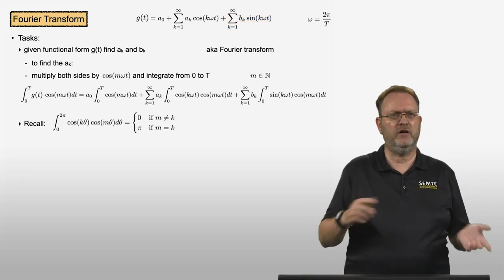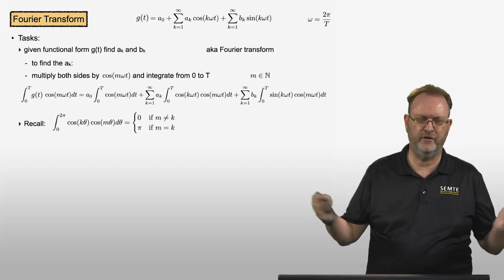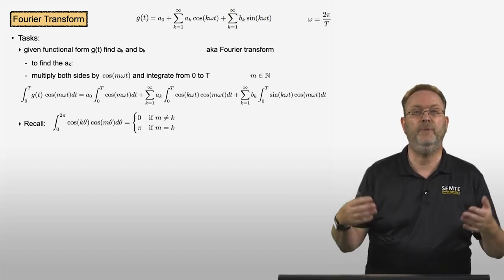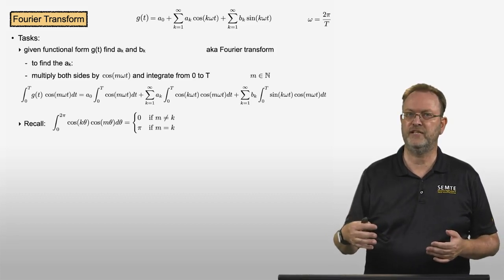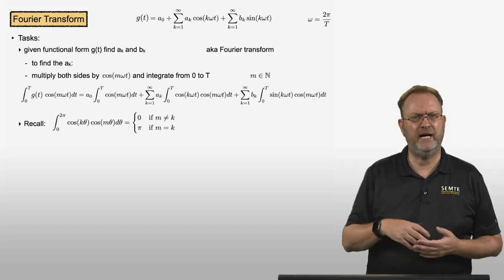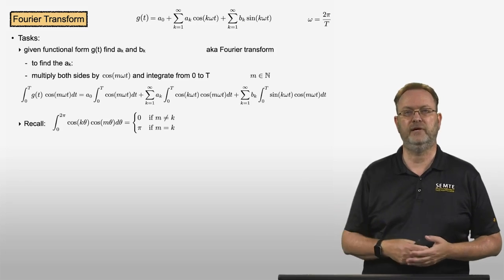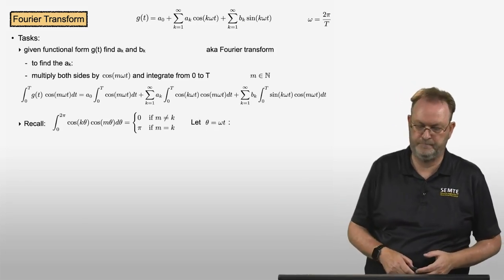Now, let's recall the property of trigonometric functions that the integral from 0 to 2 pi of cosine k theta times cosine m theta d theta is either 0 or pi. It is 0 if m is not equal to k, and it is equal to pi if m is equal to k.